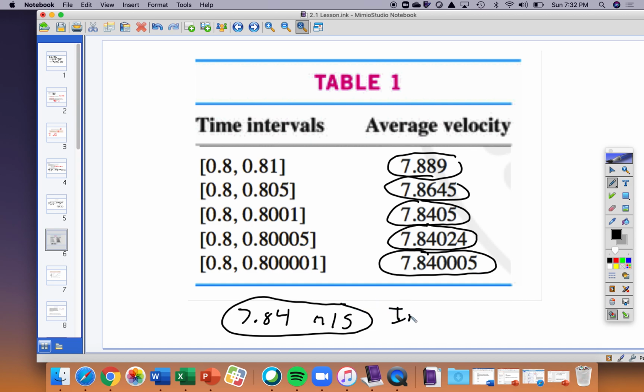This is my best guess at the instantaneous velocity. So we found the average velocity over time intervals that were really close together and used those values to help us estimate the instantaneous velocity, since instantaneous velocity can't be found because you cannot divide by 0.